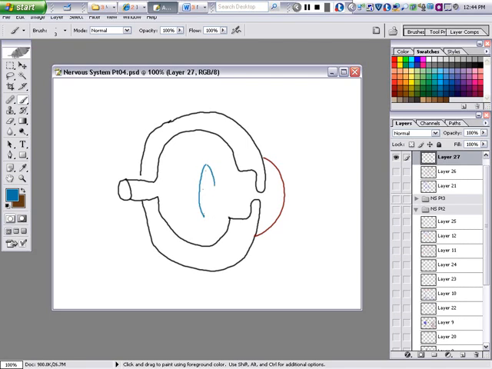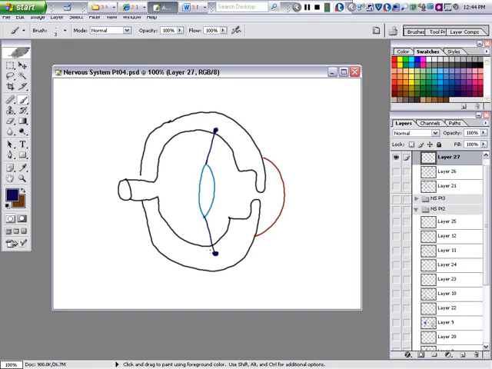Remember, what holds the lens in place is closer to the front, but I just need it to be here for now. What holds it to the front are these things called suspensory ligaments. Here's a suspensory ligament. Okay, those are your suspensory ligaments.